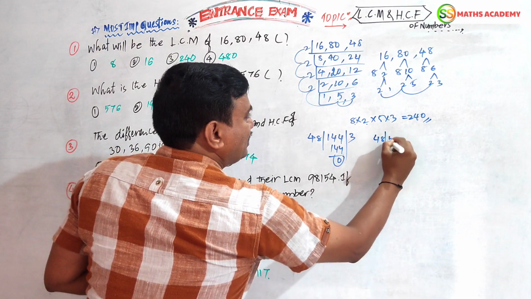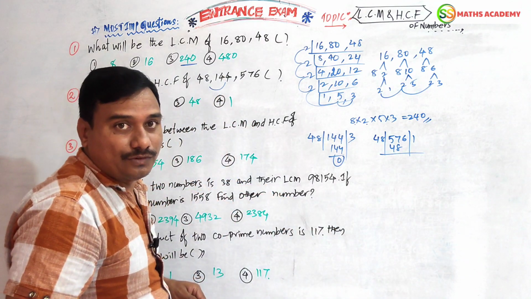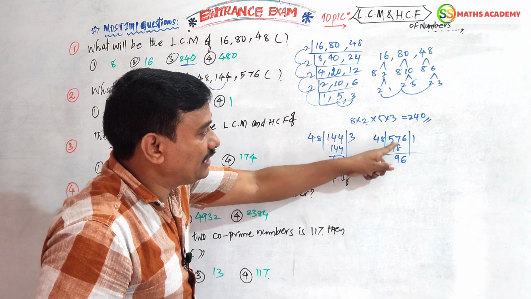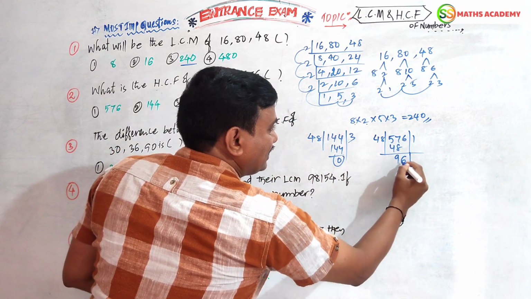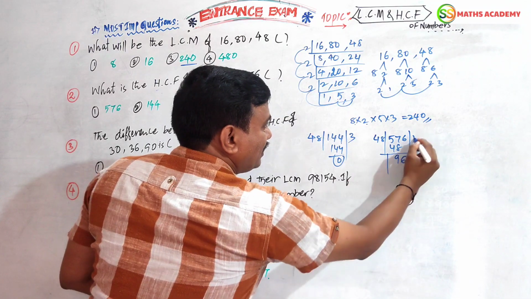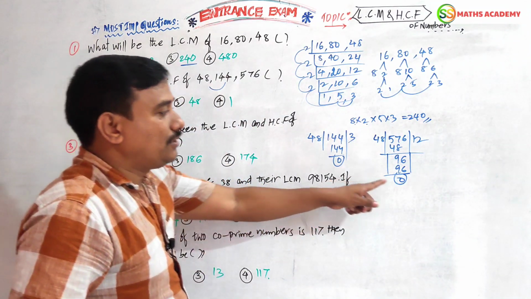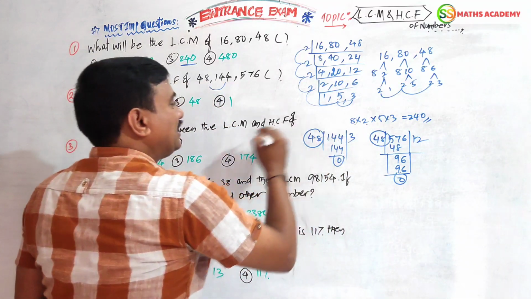So 48 into 576. 48 ones are 48. Now what is the 96? Here 57 minus 48 is 9, and 6 we take down. Next, 48 twos are 96. Now the remainder is 0, remainder 0. So here what is the common? 48.